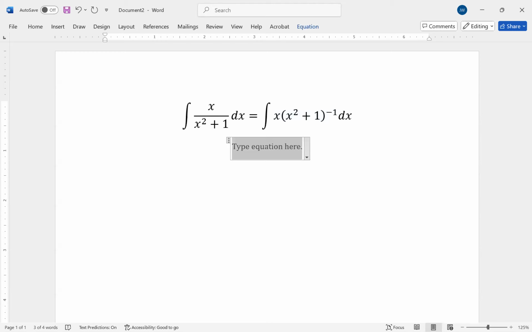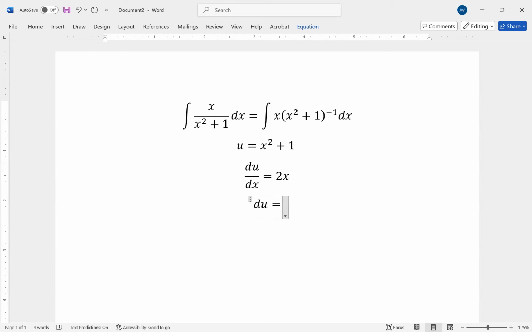So we are going to let our u, the inside function, be that x squared plus 1. And therefore, the derivative of u with respect to x would be 2x. I'm going to do this differential exchange.